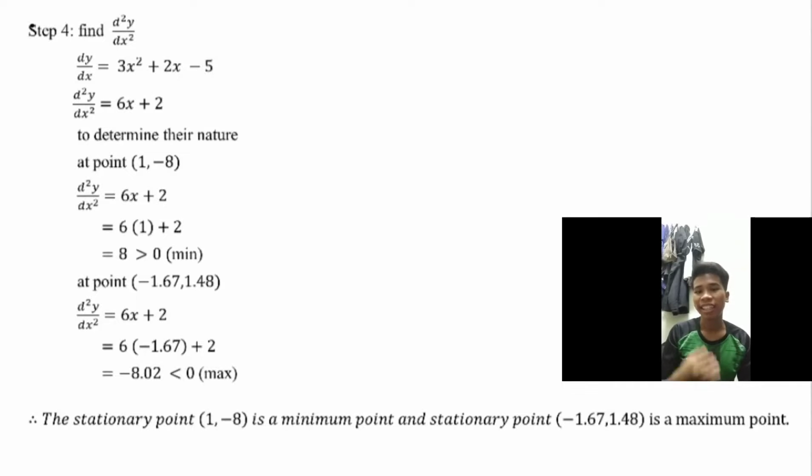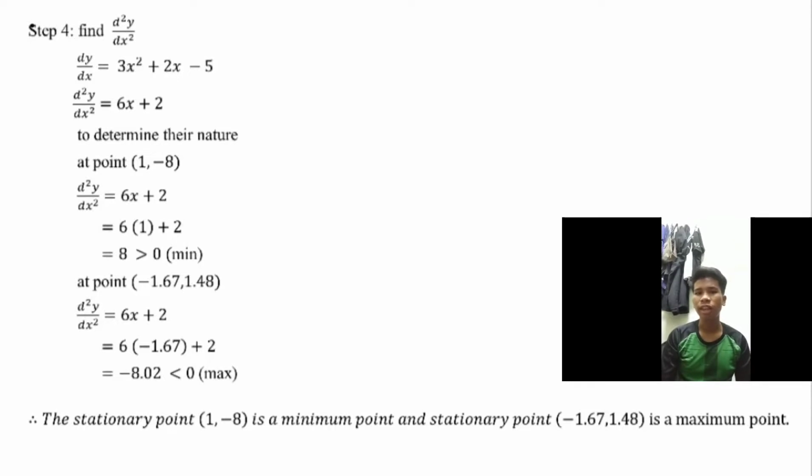To determine the nature at point 1, negative 8, we enter the value as usual. The value of d squared y over dx squared equals 6 times 1 plus 2, and the result is 8, which is greater than 0, so it is a minimum.